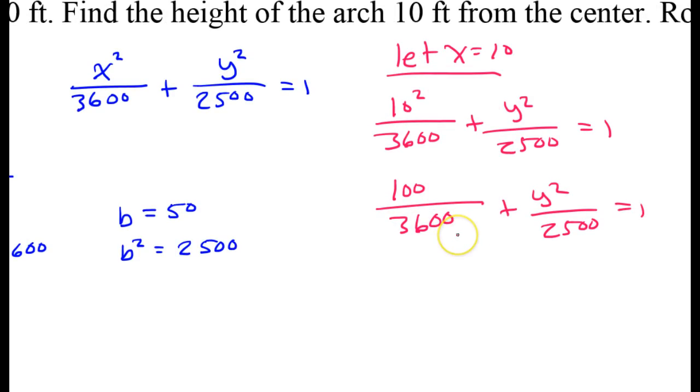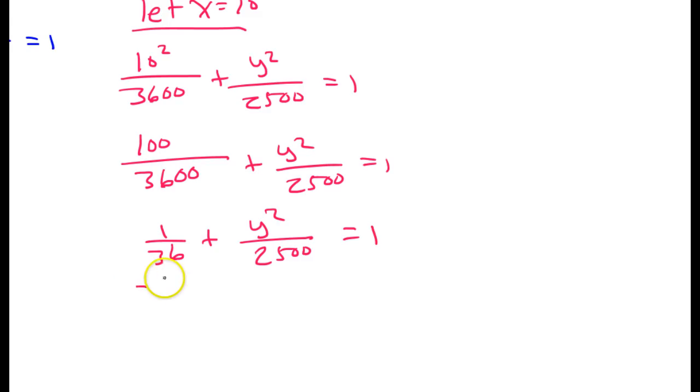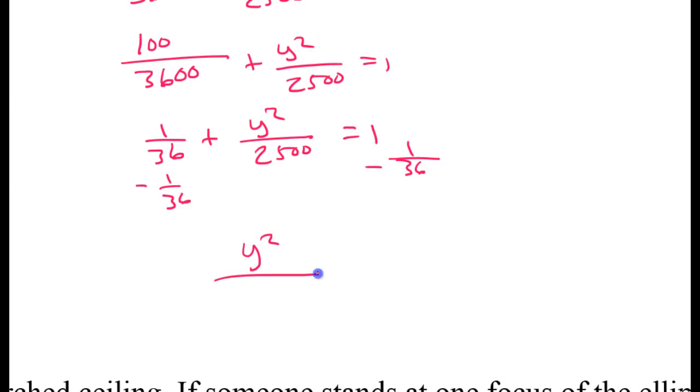Well, this reduces to 1 over 36. So that's something. I'm going to go ahead and subtract 1 over 36 from both sides. Okay, so that's going to give me y squared over 2,500 is equal to 1 minus 1 over 36.